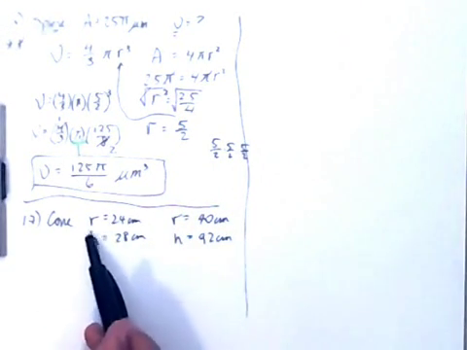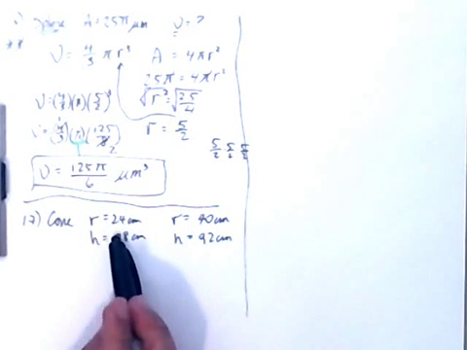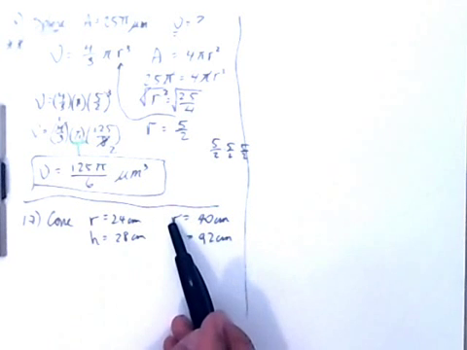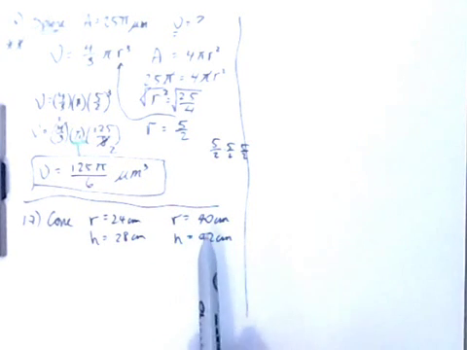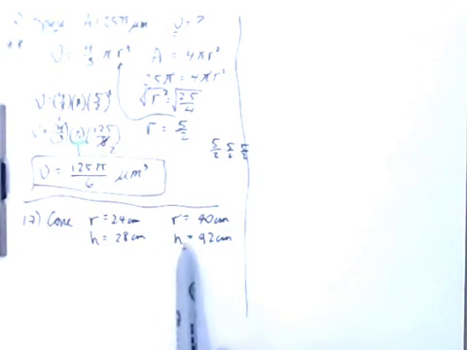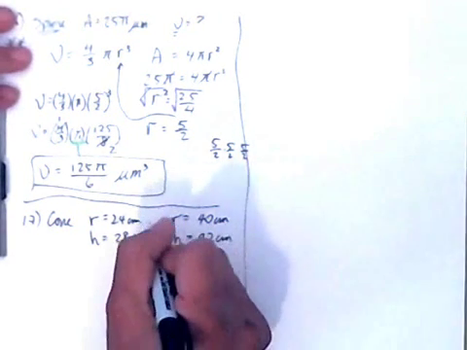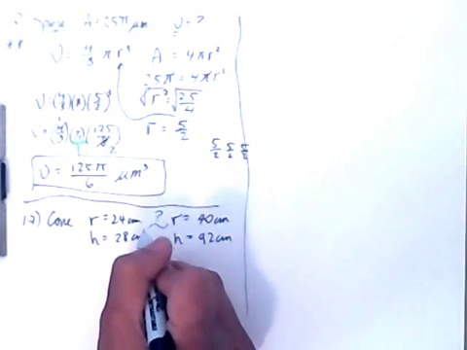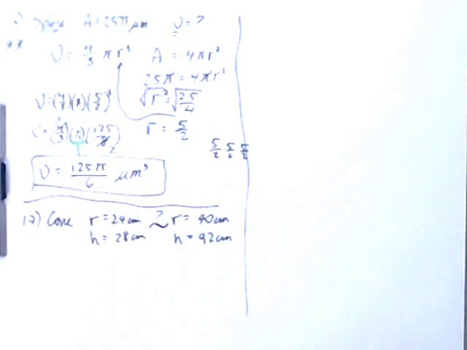I want to see if the first cone with the radius of 24 centimeters and the height of 28 centimeters, and the second cone with the radius of 40 centimeters and the height of 92 centimeters, are similar or not. Well, that's what I'm looking for. Are they similar?